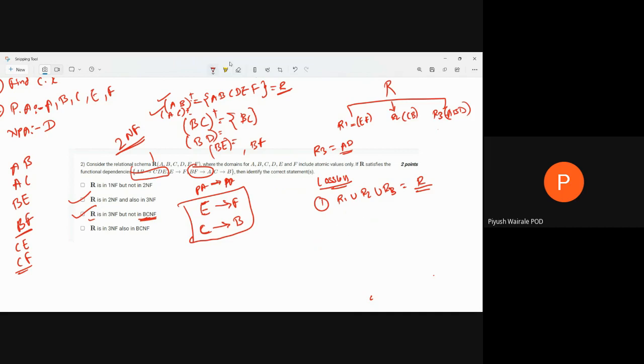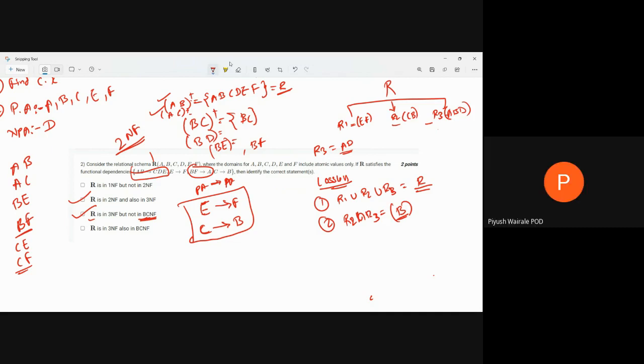Now, how to check the second condition? Take R1 intersection R2. In this case, take R2, R3 first. Is any attribute common? B, right? So we cannot have B alone.